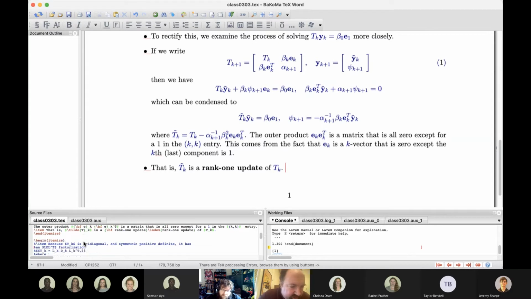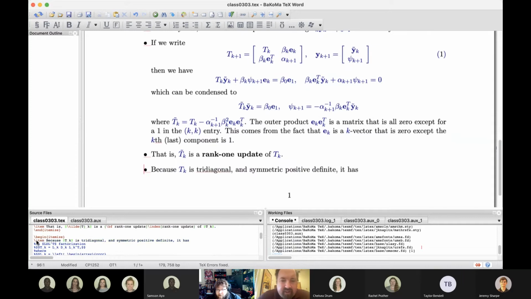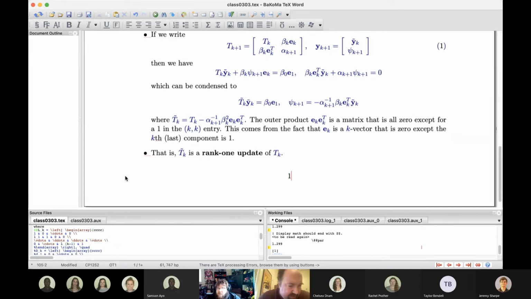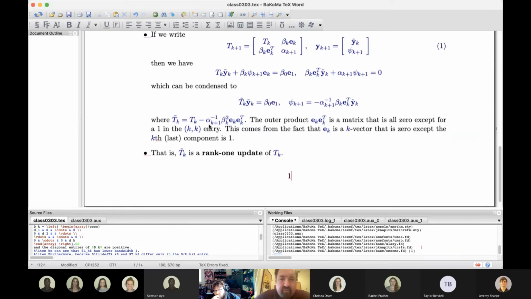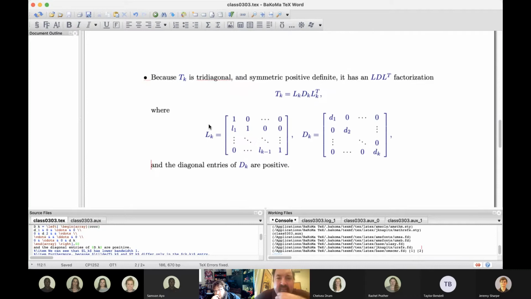Well, nothing until we actually take advantage of the structure of tk and factor it. Because tk is symmetric positive definite and it's tridiagonal. So what does that mean? It has this factorization, Ldlt. And I could use Cholesky, but Cholesky involves square roots, and I don't need that.